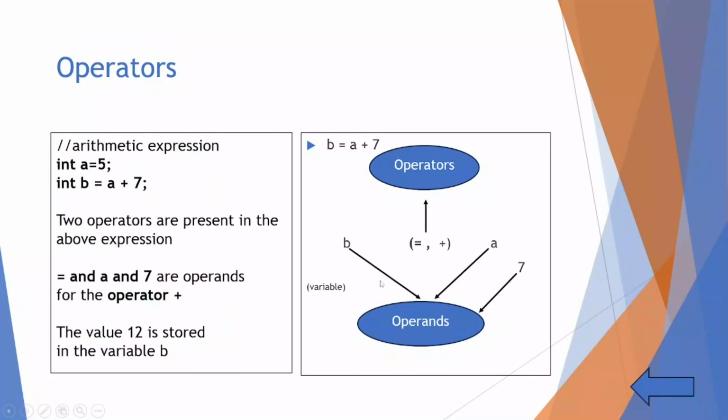Another example is int a = 5, b = a + 7. In this, the operators are equals to and plus, and three operands are there. One is b, second one is a, and third one is 7.